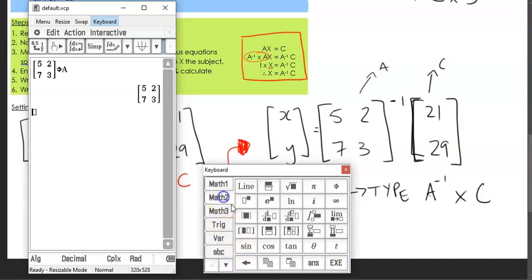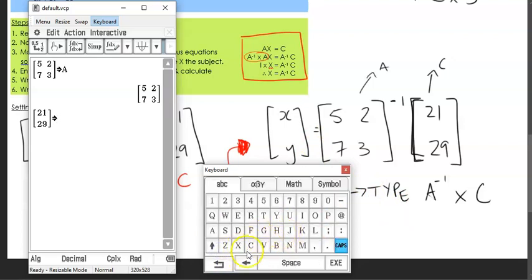We now want to establish the 21 and 29 as matrix C, so I've pressed this button here because it's just a column with two numbers, 21 and 29. Establish this as C. Execute that.